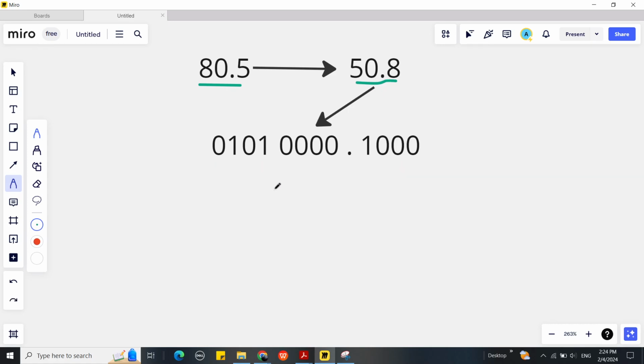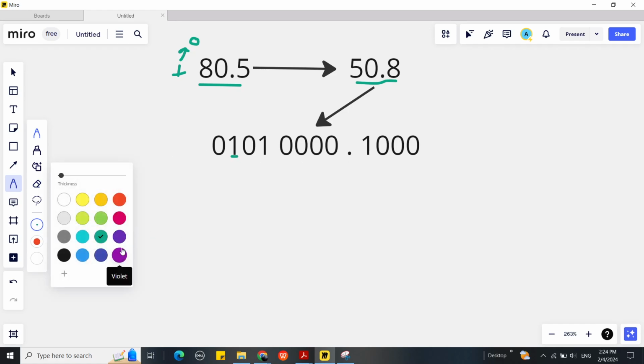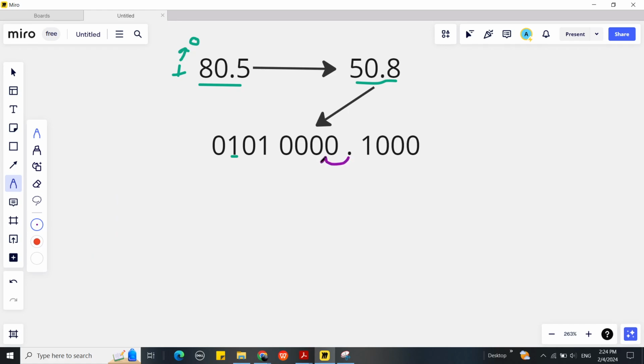First, we know that the number is positive, so the sign is going to be 0. And what do we need to do now? We need to change this number to scientific notation in order to see our new exponent. Basically, I'm going to move this dot to after the first one, which is this one, counting 1, 2, 3, 4, 5, 6.